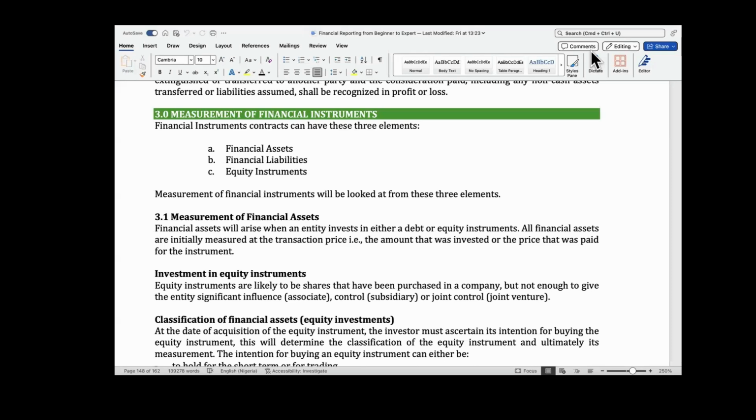The answer is equity, even though the instrument was clearly a bond. But the substance of that arrangement is that the issuer does not have to pay interest. That means he has no obligation to deliver cash. And when there is no obligation to deliver cash, there is no liability. Then the issuer has equity.